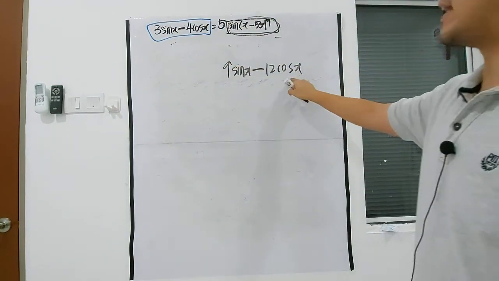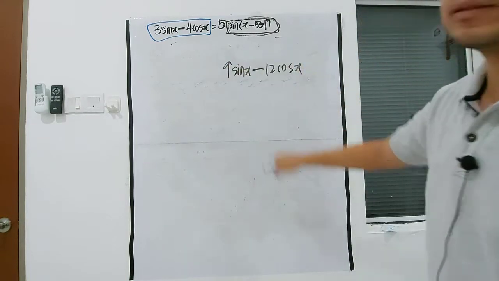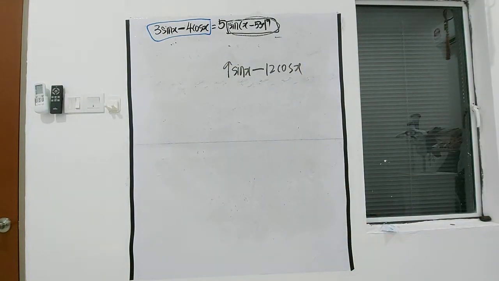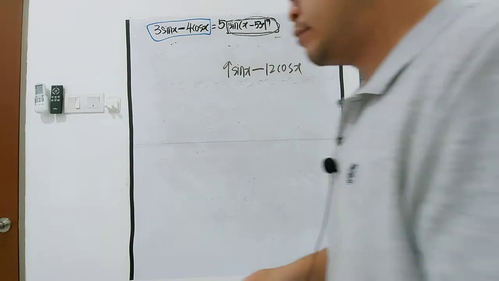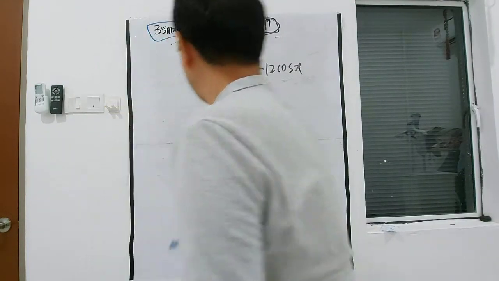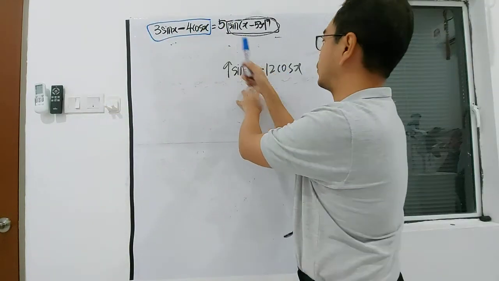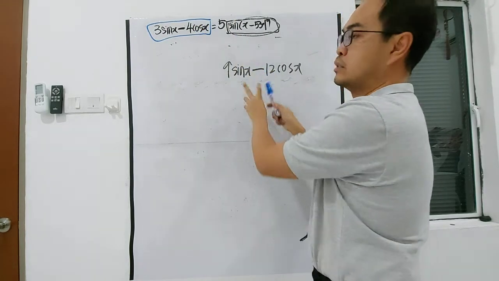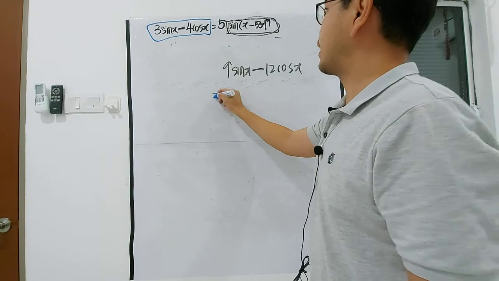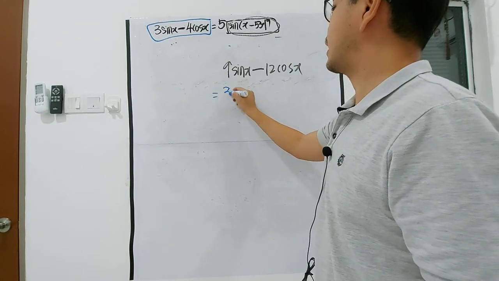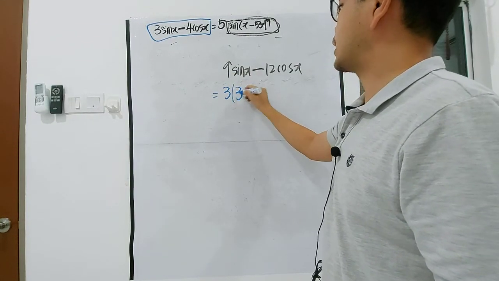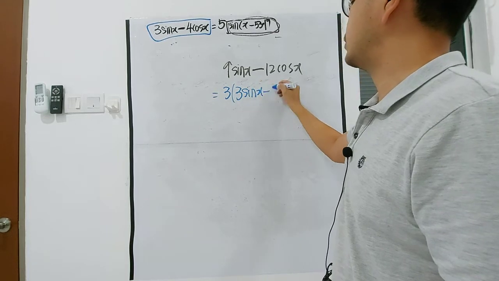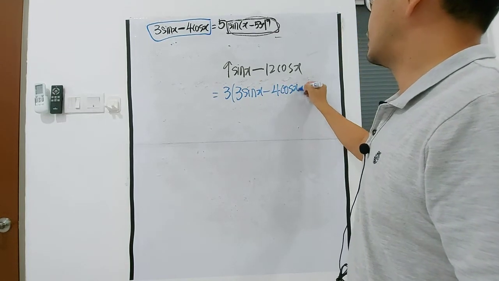They ask what is the maximum and minimum value for this. Same thing, just compare. What's the difference between this and this? Because I'm going to use this one to deduce the maximum and minimum value. So I think I can factorize out the 3.